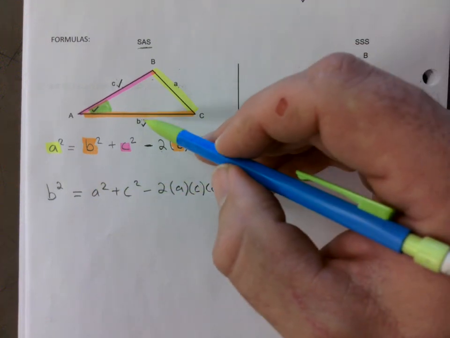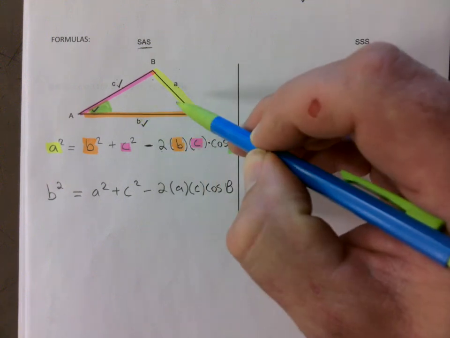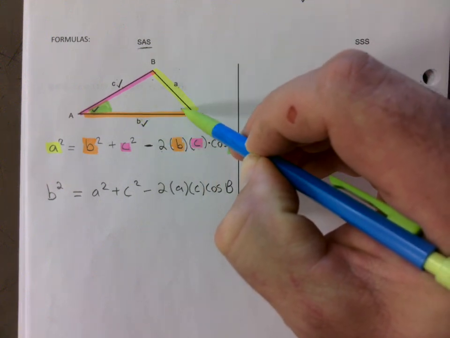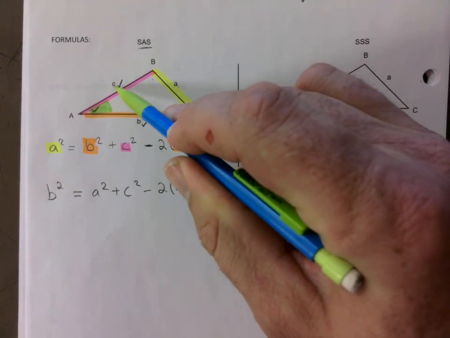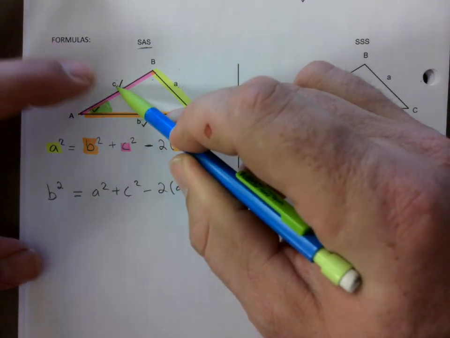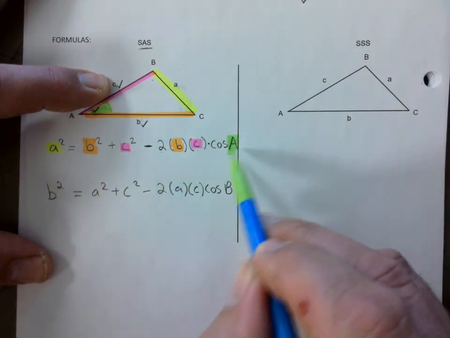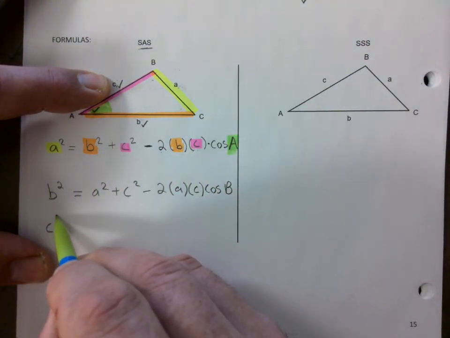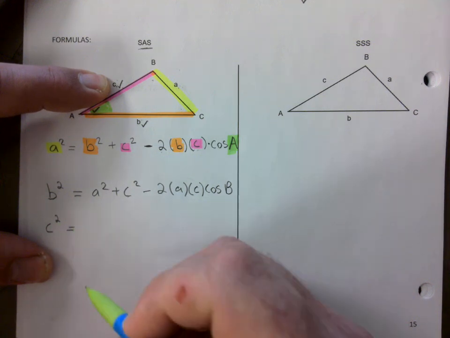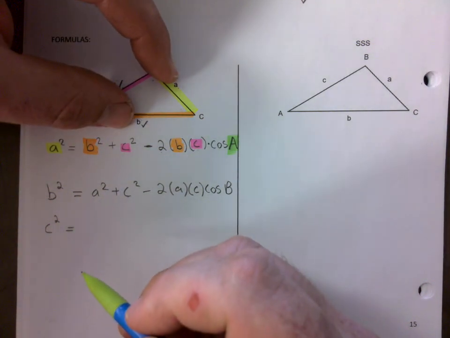Lastly, if you knew these two sides and the angle in between, that means that you would be able to solve for that side right there. So using this pattern here, that would mean that I would have c squared here. And then you're left with a and b, correct?